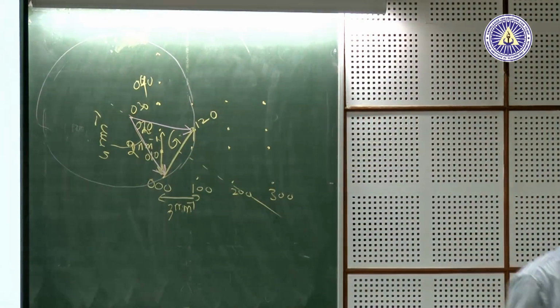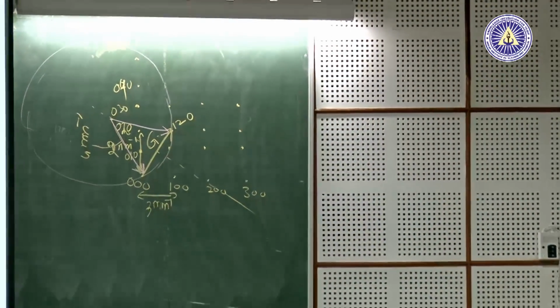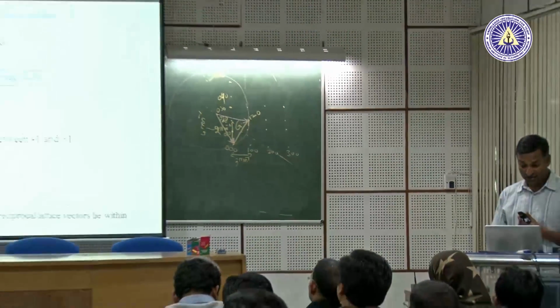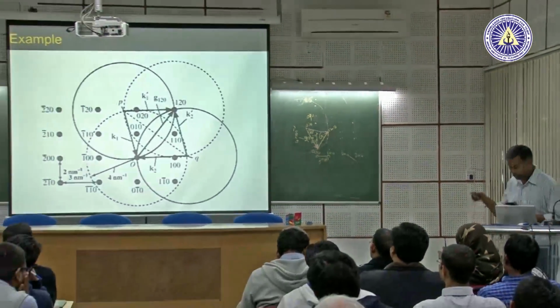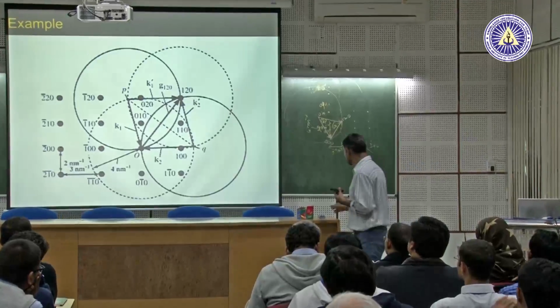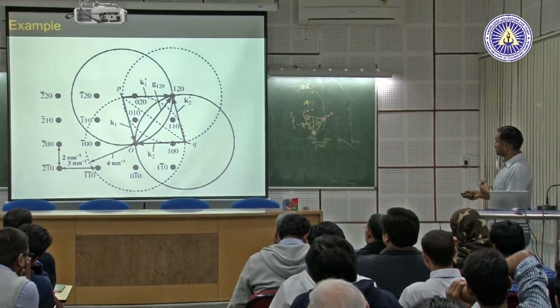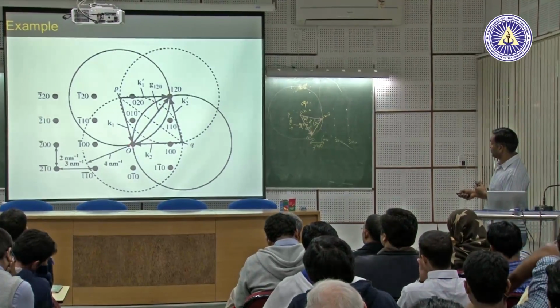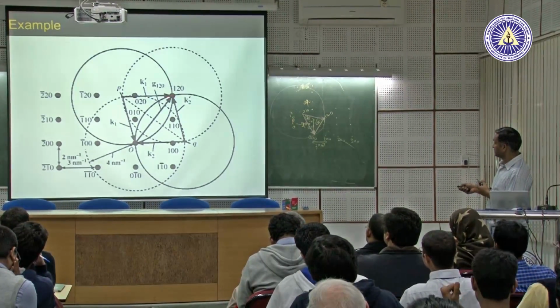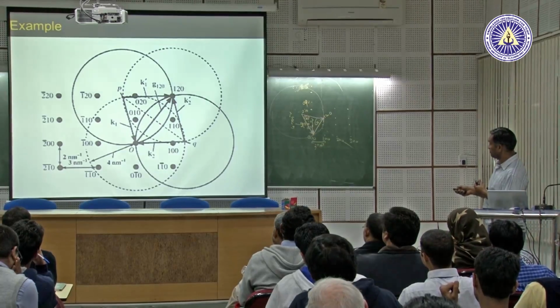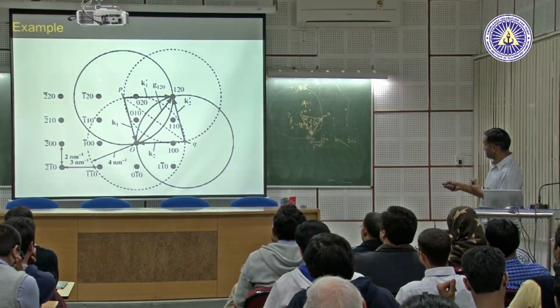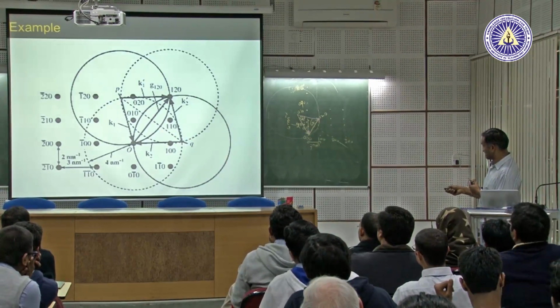So you can have various orientations. You can have two orientations from which the beam can come. So this is the origin, this is the 120 direction, and this is G120. You want to diffract this particular point, so you make a perpendicular bisector.